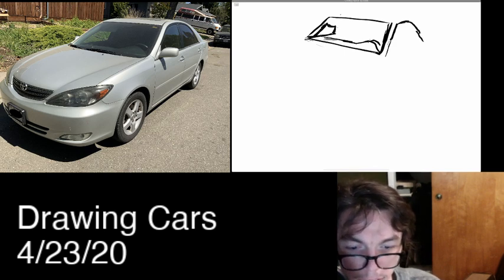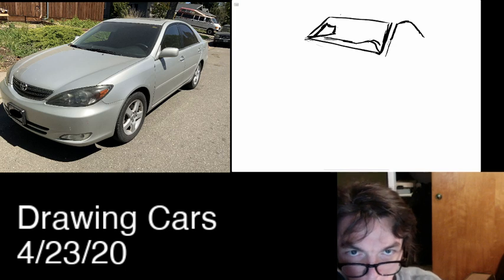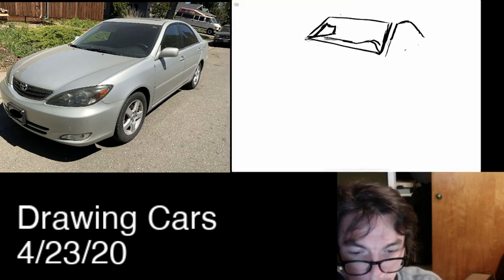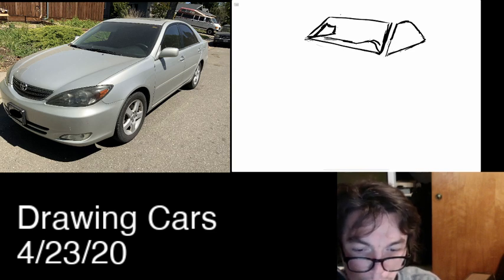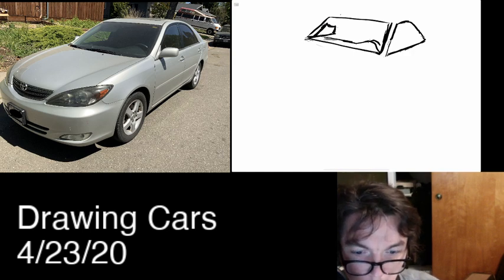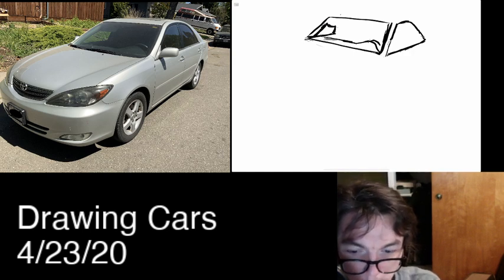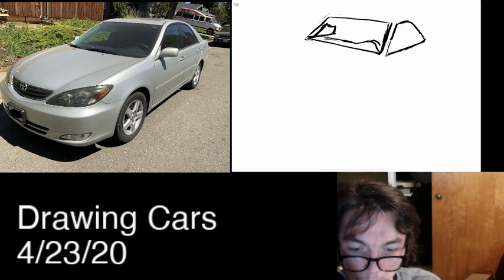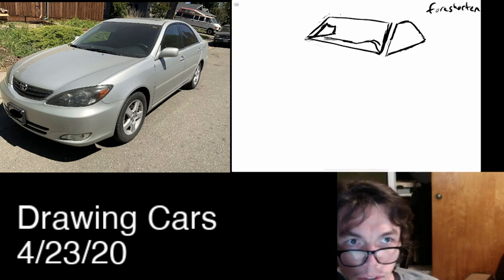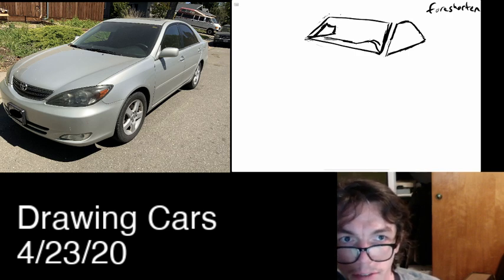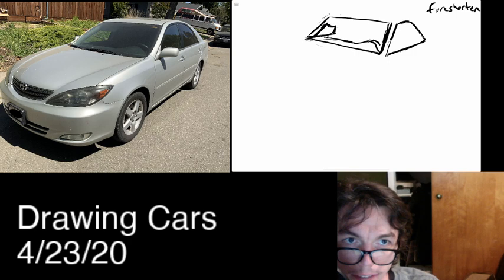Now I want to be sensitive here to what the shape actually is in the picture and not how big I think this window is, because it's going to be drawn smaller. The window's much bigger than this, but because of the angle, everything is foreshortened. I'll write that: foreshortened. That's when something's coming towards you or away from you, it stretches or compresses.